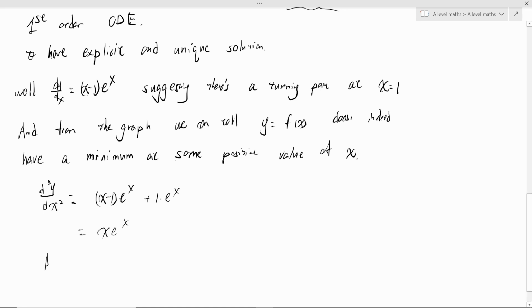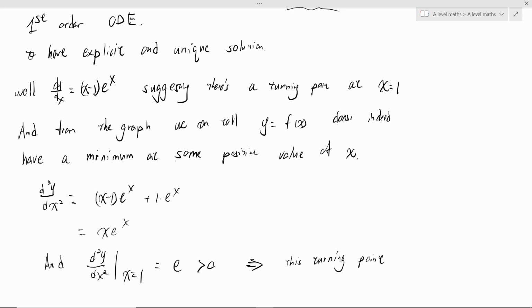At x equals 1, the second order derivative is e, greater than 0, suggesting that this turning point is indeed the minimum of y equals f(x).